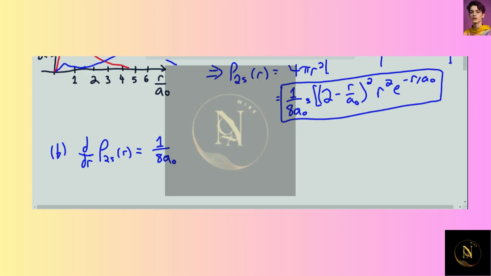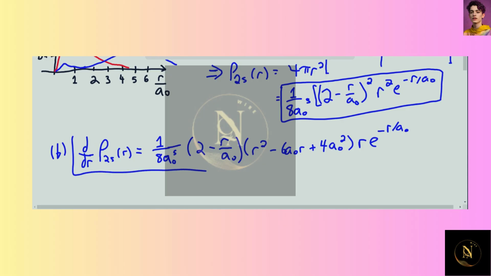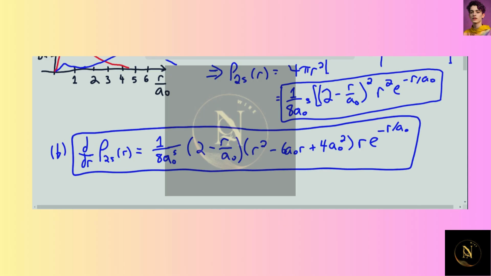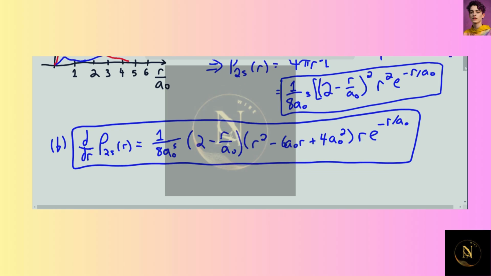If you do the derivative out, you'll find that the first coefficient out front is a naught to the 5th power times r over a naught times (r squared minus 6 a naught r plus 4 a naught squared) times r e to the minus r over a naught.